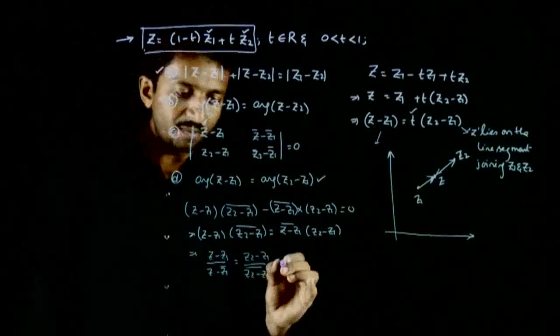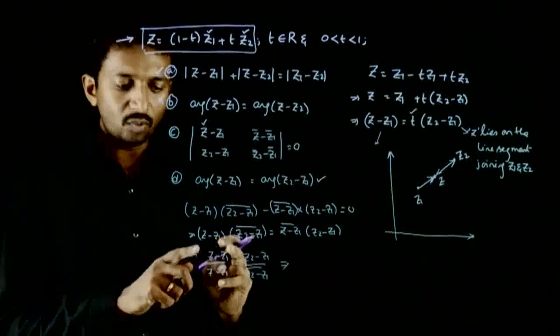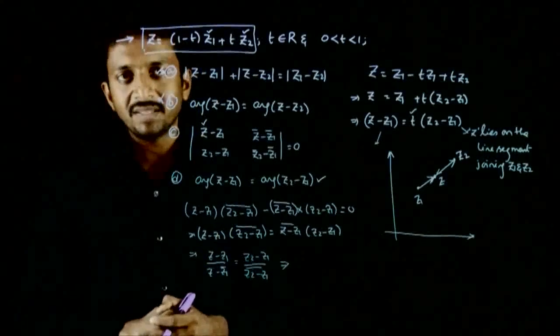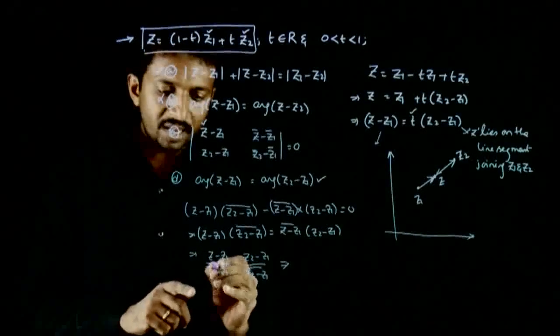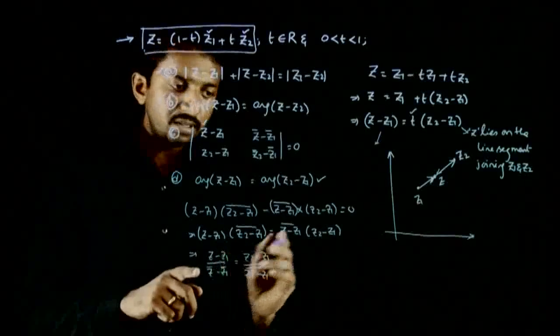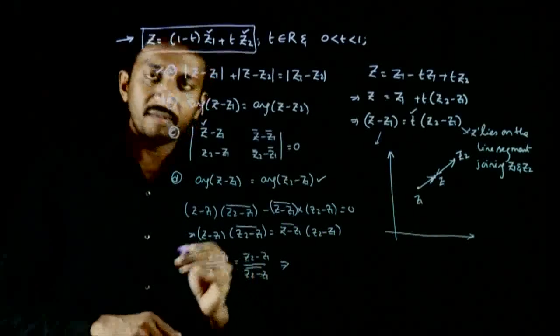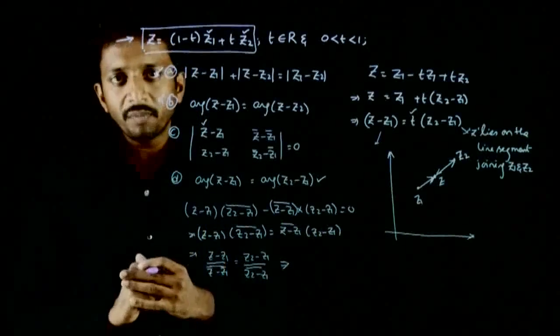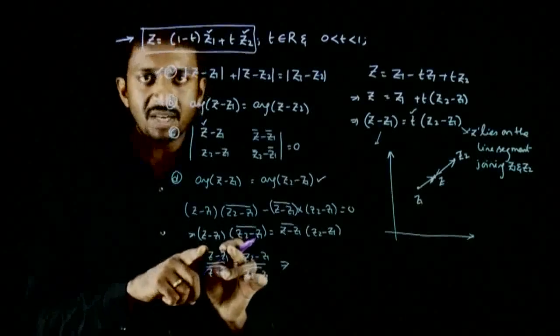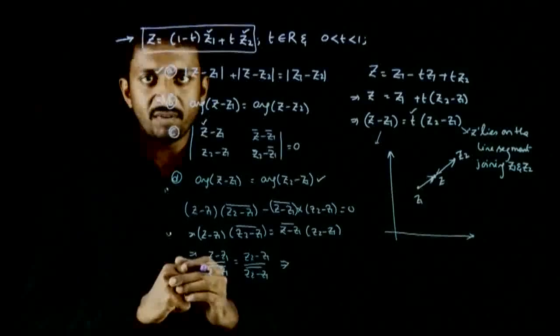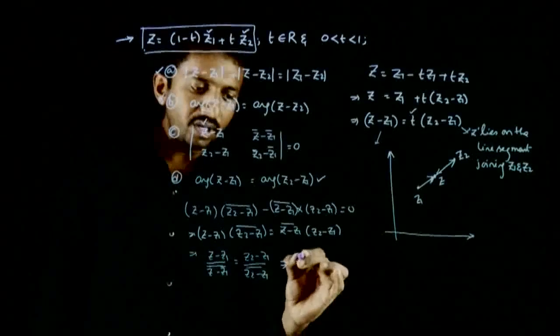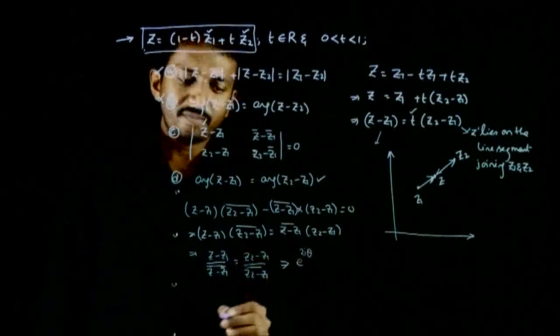So what is (z minus z1) by the bar of (z minus z1)? The mod of both is the same. If the argument of z minus z1 is theta, then this ratio is nothing but e to the power 2i theta.